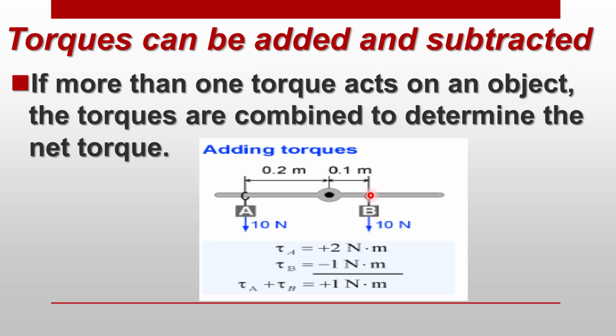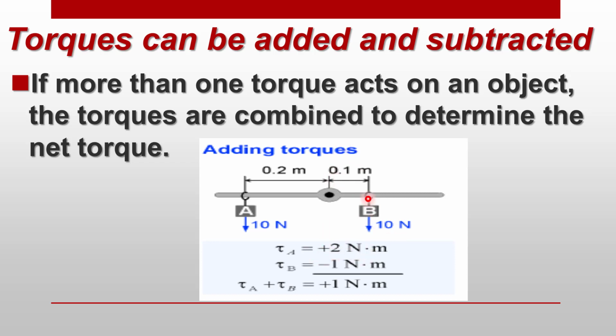The torque of this force, which is in the anti-clockwise direction, will be positive. The torque due to force A is positive and the torque due to force B is negative. And how is this torque created? By multiplying force with distance. Tau is equal to F into d, force into distance, that gives us the torque.